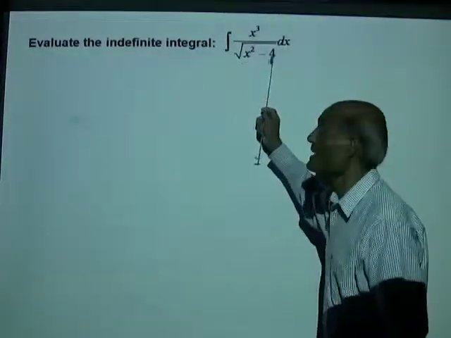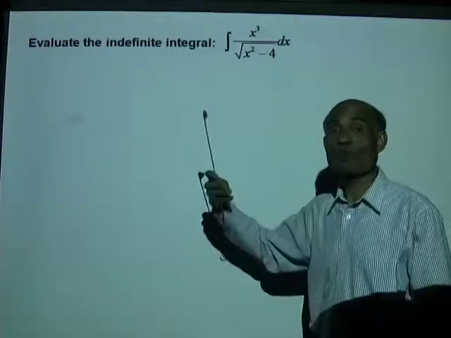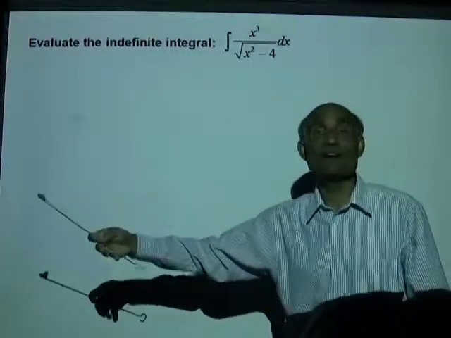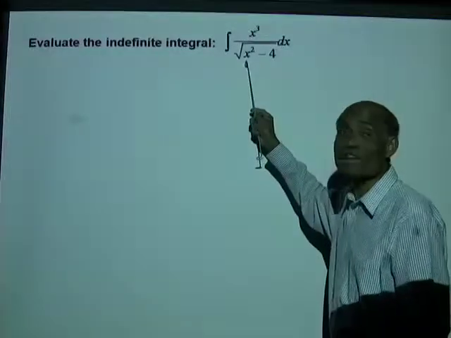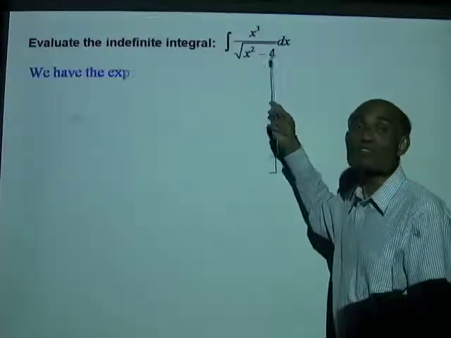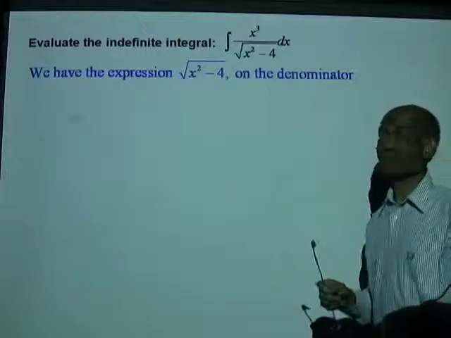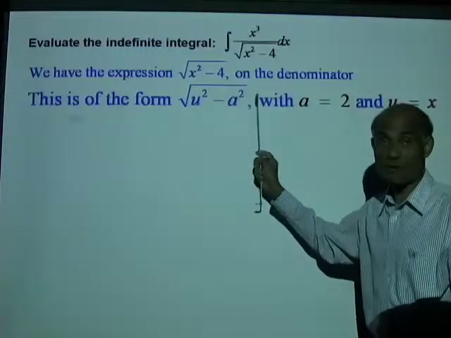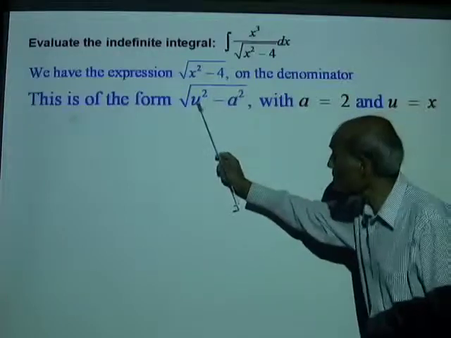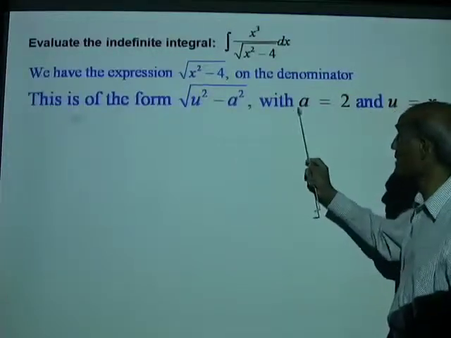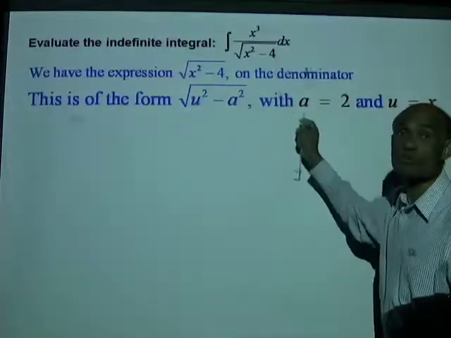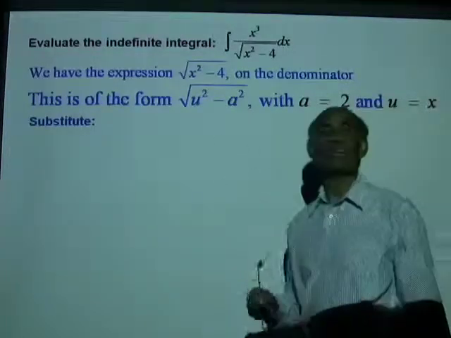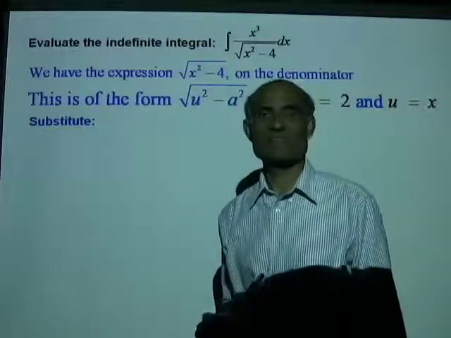Square root of x squared minus 4 is of the form square root of u squared minus a squared, where our u is x and our a is 2. Is that right? So what is our substitution?